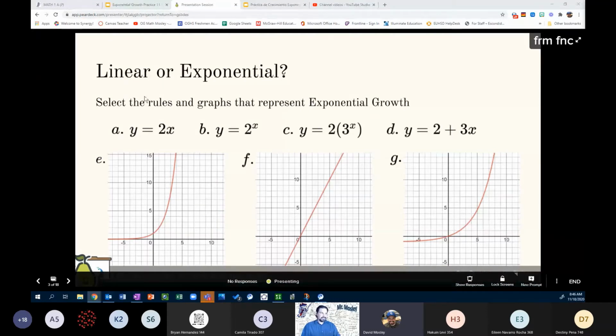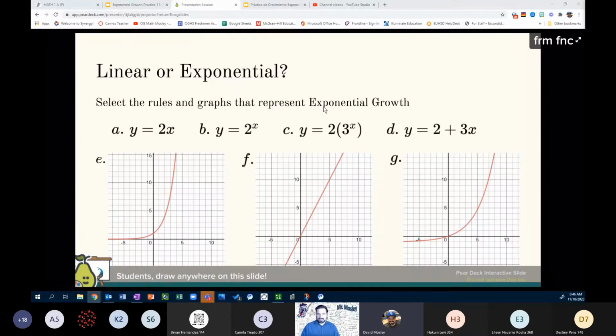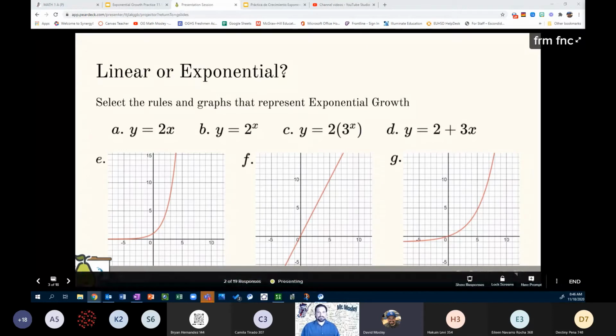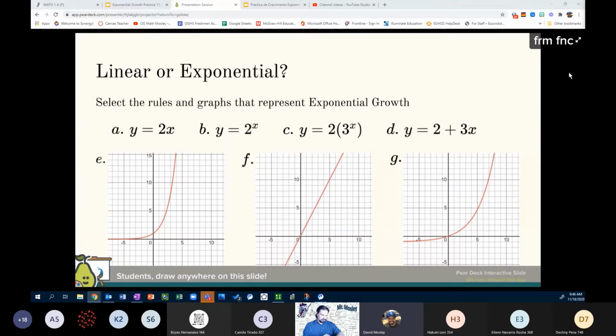Linear or exponential. Select the rules and graphs that represent exponential growth. In this one, you're going to use your mouse to draw a circle, as best as you can, around the things that are exponential growth. I'm going to put 2 minutes on the timer, and then we'll talk about it. Make sure you're selecting the appropriate rules and graphs.